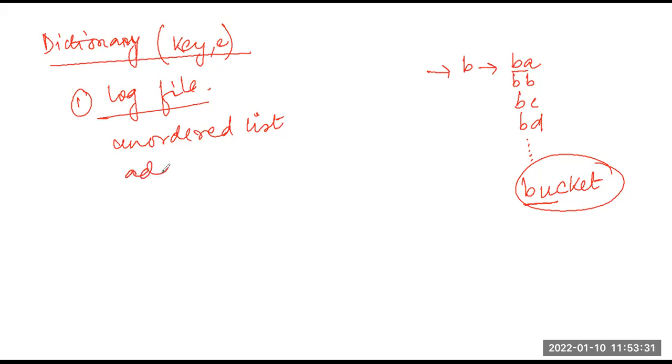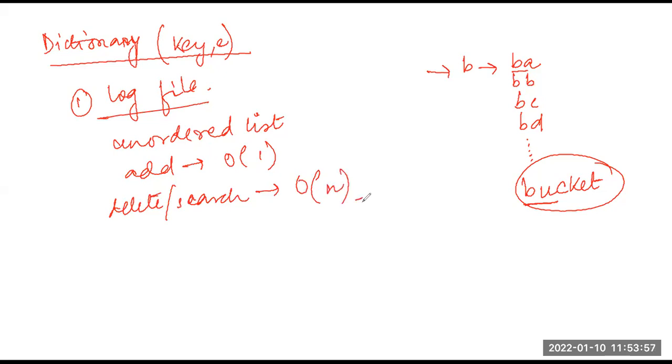So every addition will take how much time? Order of 1. Because exactly in the last place you will be storing your value, just after the last. No searching is required. Whatever your last inserted element is, just after that you will add your next element. But for delete and for search, what time will it take? It will take order of n time, because throughout the log file you need to search.